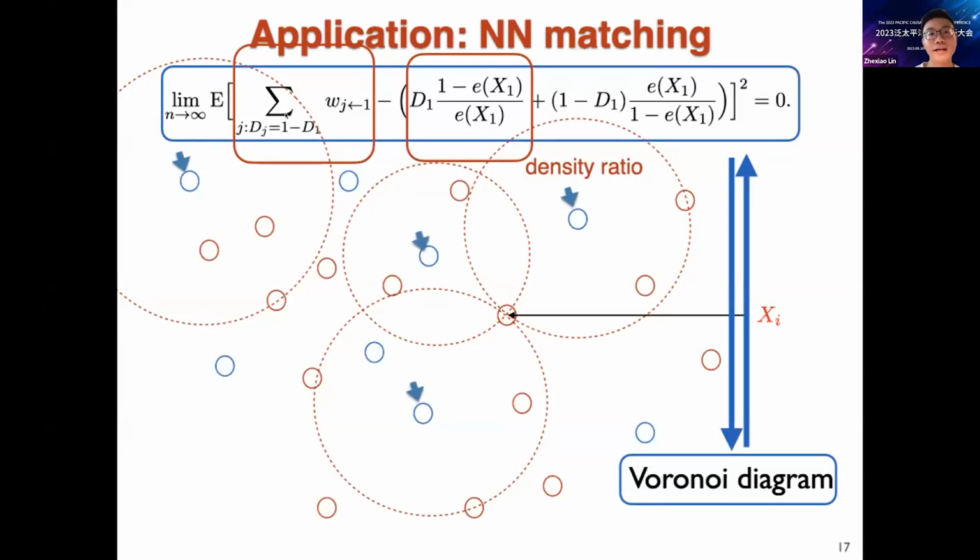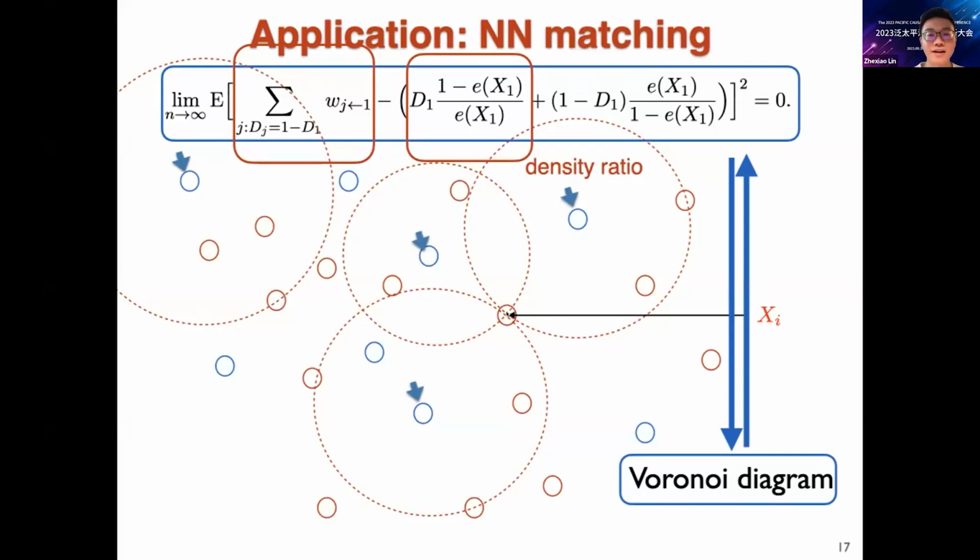And we can consider a very extreme case. If there are a large number of blue units around this red unit, then it will be the nearest neighbor of a large number of units, and then this term will be very large.